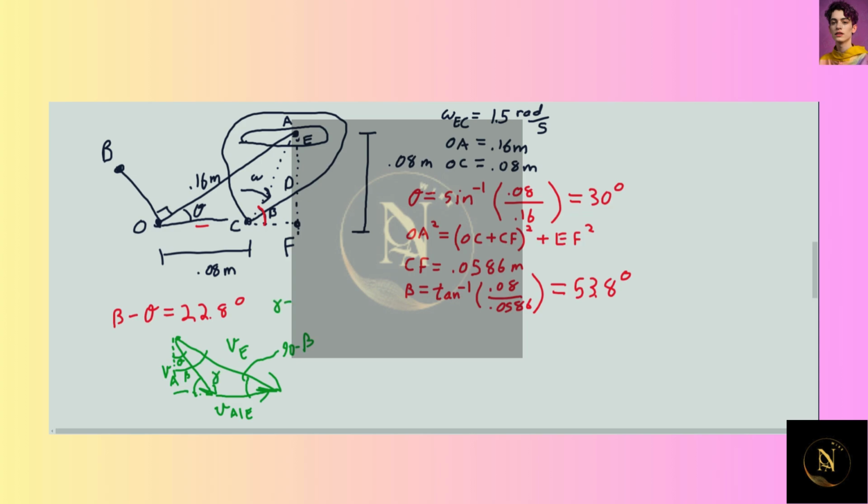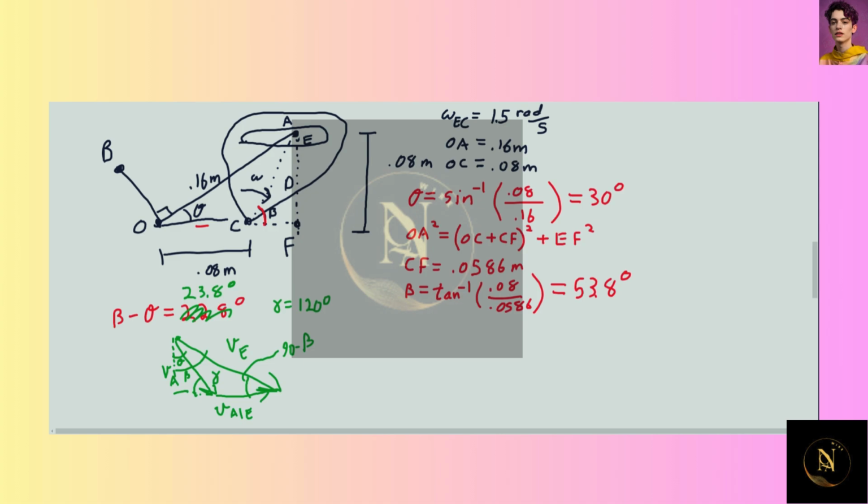So that means gamma is 120 degrees. And I wrote this beta minus theta wrong. That should be 23.8 degrees. Okay.